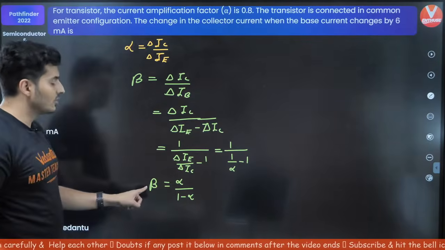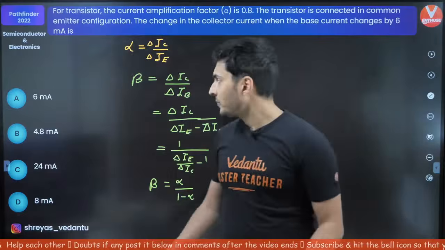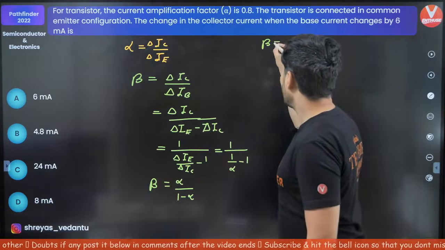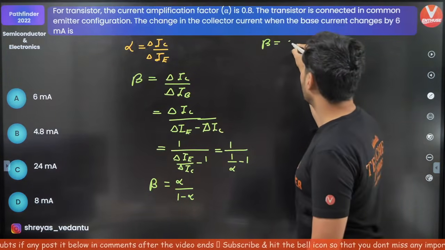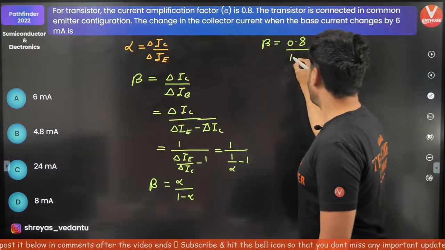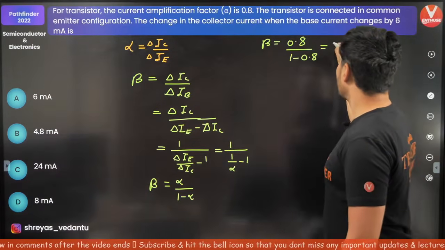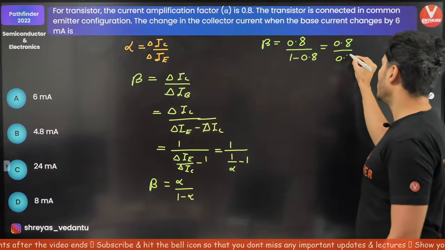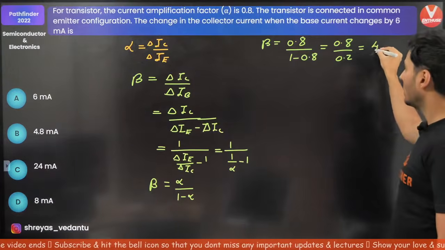Now the alpha value is known. From this I'll find beta first. Beta will be alpha upon 1 minus alpha, which is 0.8 upon 1 minus 0.8, which is 0.8 divided by 0.2, which is 8 by 2, which is 4.